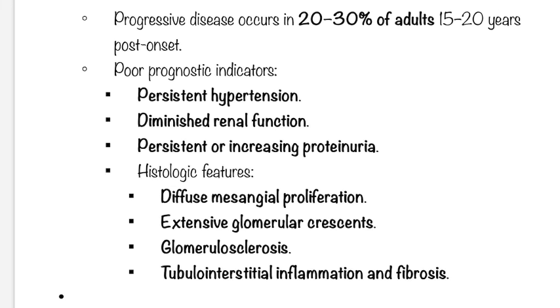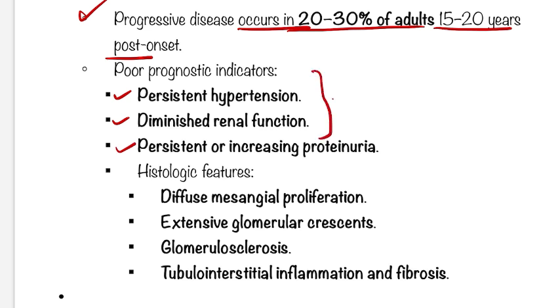Progressive disease occurs in 20 to 30% of children 15 to 20 years post onset. So it is a good prognosis in children, but in adults it might become progressive after 15 to 20 years. What are the poor prognostic indicators? If a child with IgA nephropathy has persistent hypertension, diminished renal function, or persistent or increasing proteinuria, these lead to poor prognosis or progressive disease.